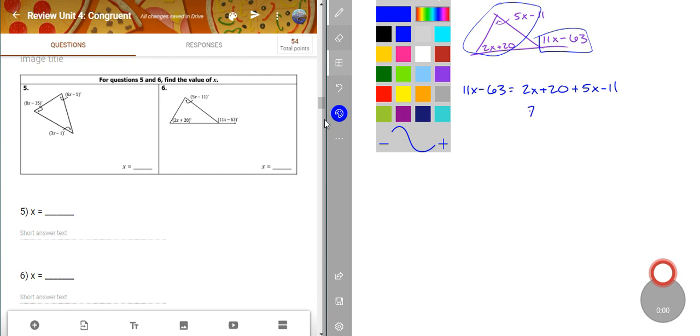Combine your like terms, 7x plus 9. Get our variables on the same side. So 4x minus 63. Add the 63. 4x equals 72. Divide by 4. 18. Bam. There's your x value.